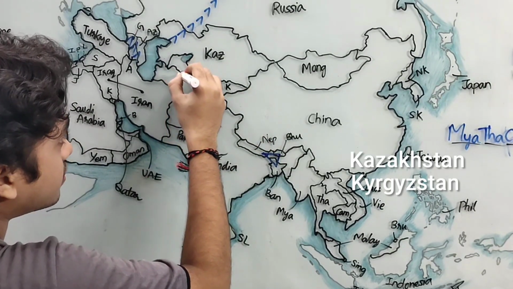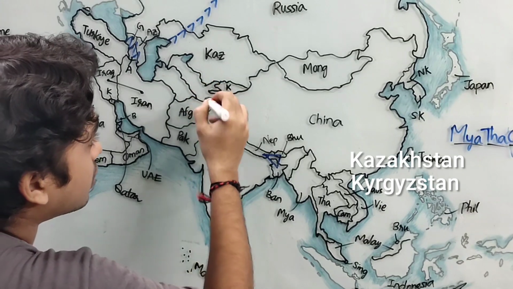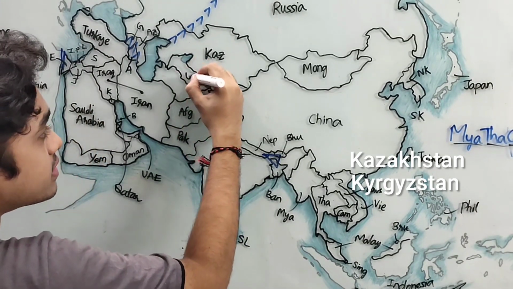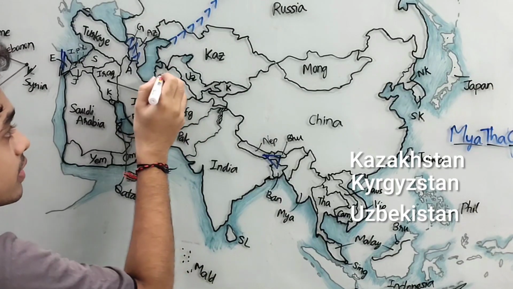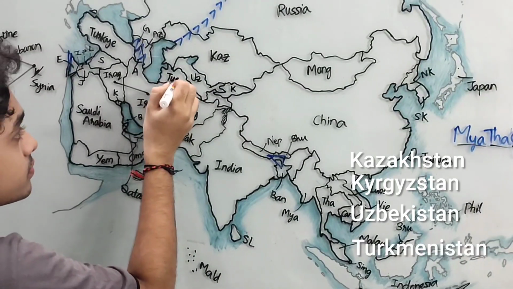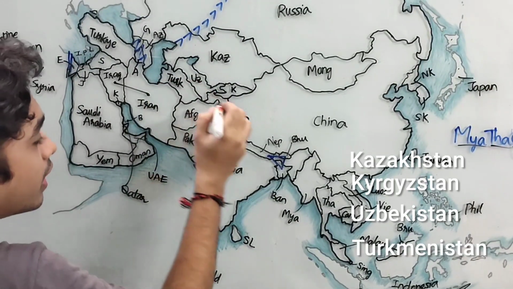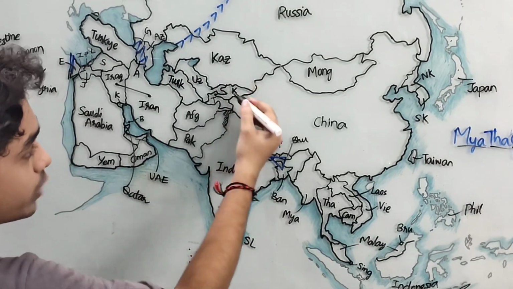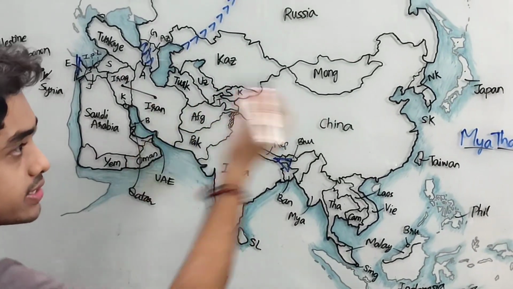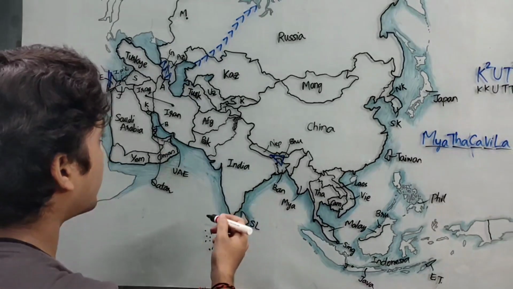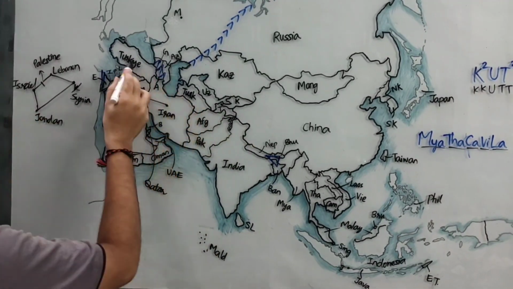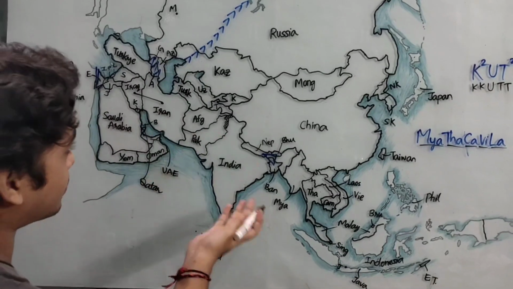Then we have Uzbekistan, Turkmenistan, and Tajikistan. So 2 K's, a U and 2 T's, K square U T square. You can remember that Turkmenistan is situated here because it is close to Turkey. So Turkey and Turkmenistan.